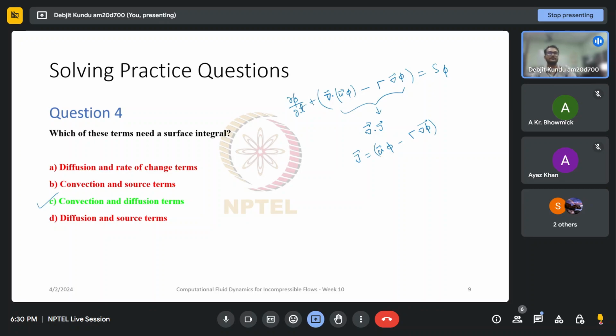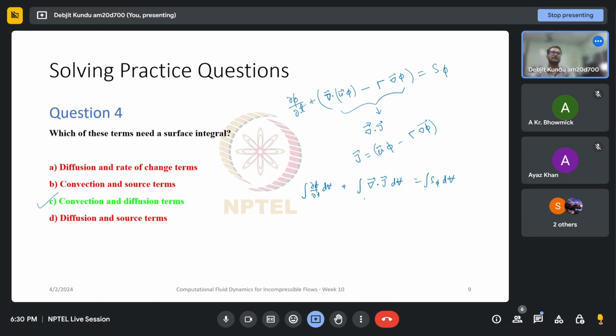Okay, so given this is the form and we integrate it with respect to volume, the first one, dou phi dou t, remains a volume integral. This one has this form, equal to another volume integral of the source term.